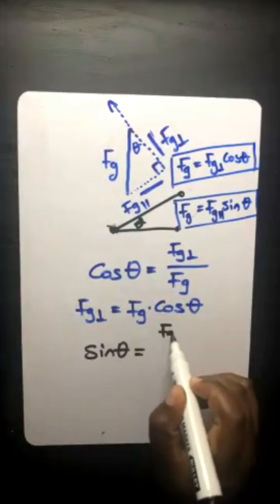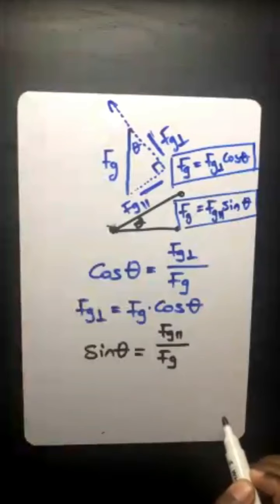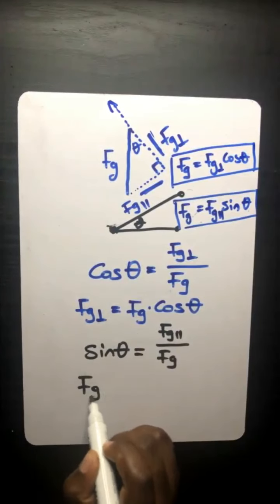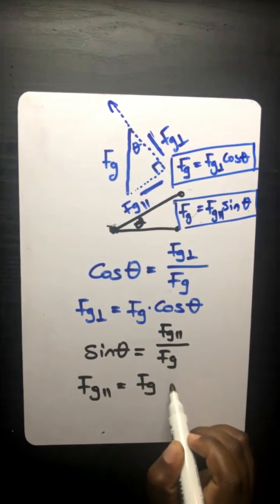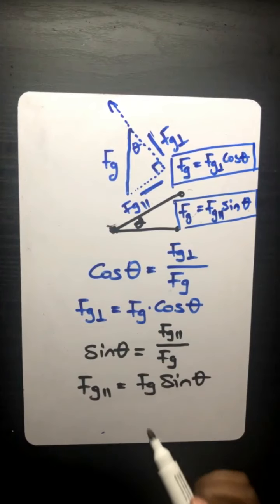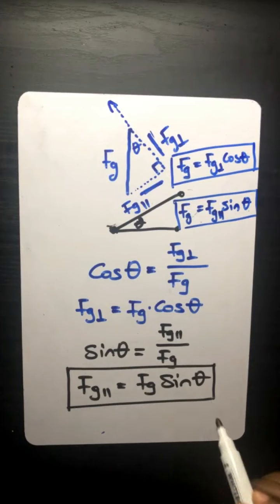So it's FG parallel over hypotenuse, being FG. Then you cross multiply, which means FG parallel is equal to FG sine angle.